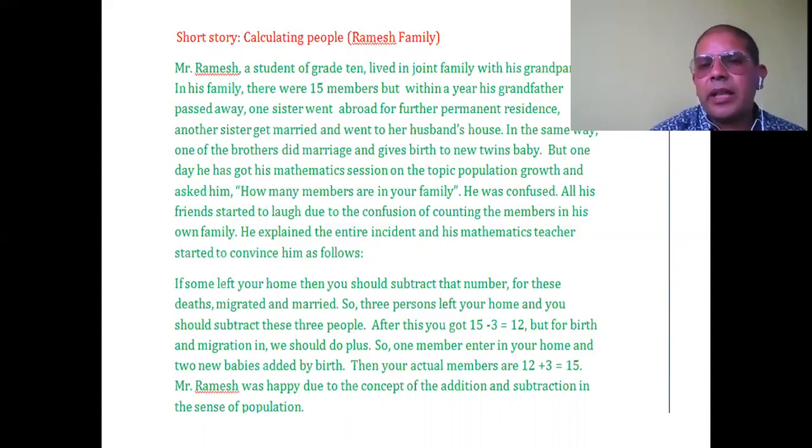That was the confusion part because some passed away, some went to another home, to abroad also, and one brother got married and gave birth to two children. Then in which condition can we add and in which condition should we subtract? That was the confusion part of Mr. Ramesh.